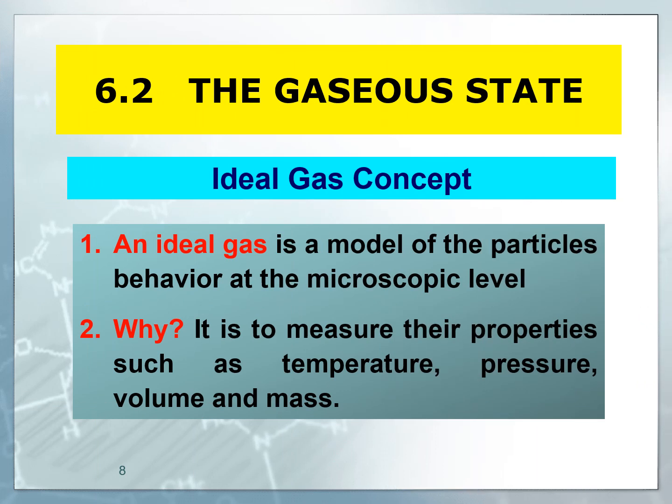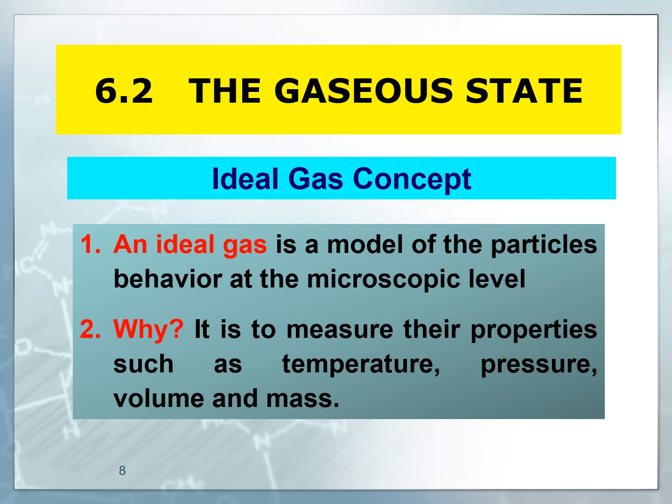Now, we discuss in detail each state of matter, starting with the gaseous state. Let's start with the ideal gas concept. An ideal gas is a model of the particles' behavior at the microscopic level. Why? It is used to measure their properties, such as temperature, pressure, volume, and mass.